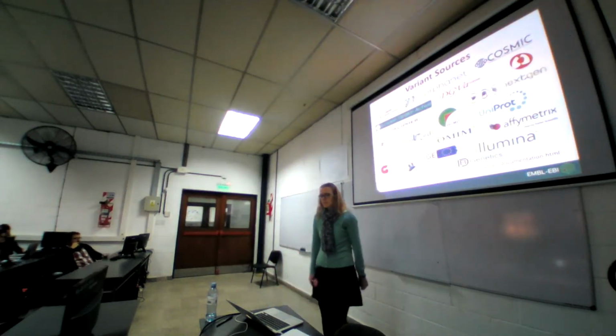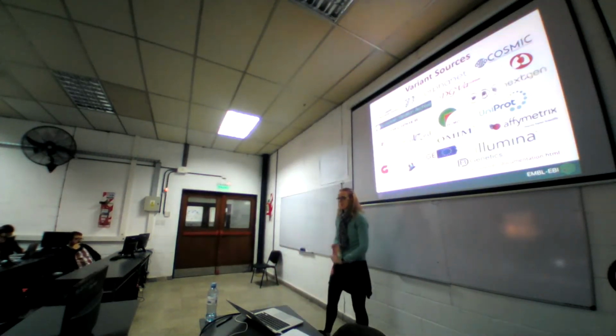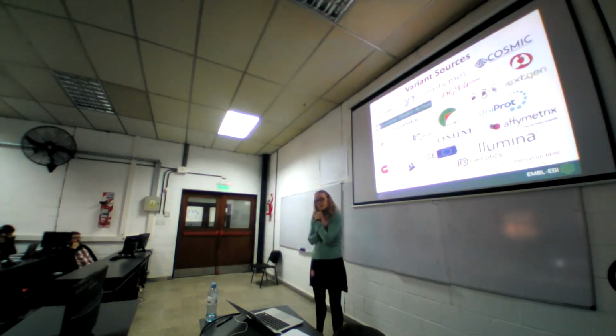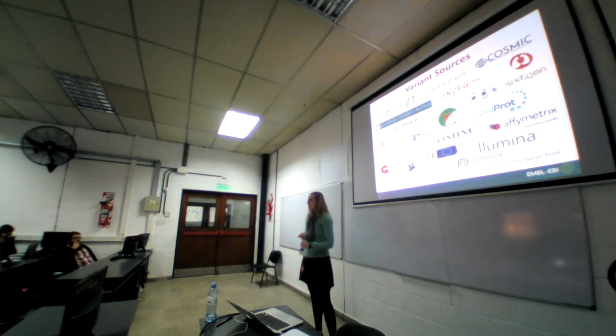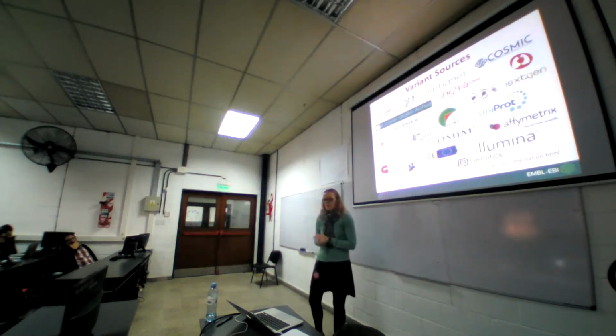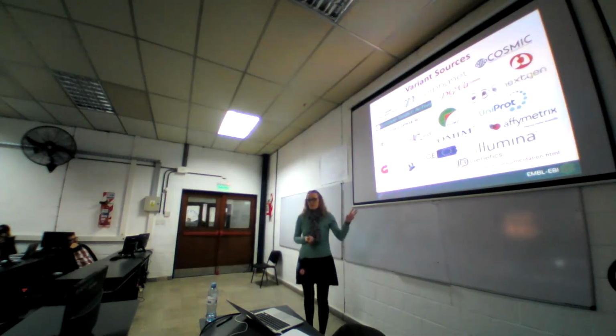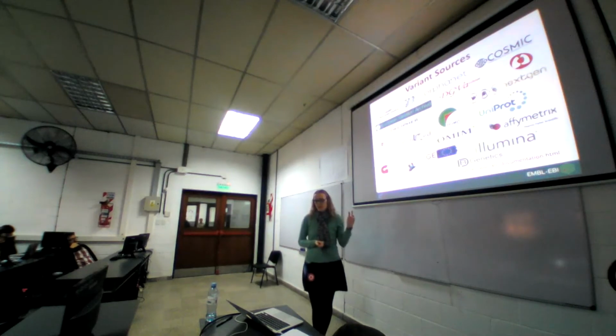We import that variation data from a variety of different sources, and we quality control it, we link it to other data, and we display it in the browser. And this slide summarizes the sources of our data.